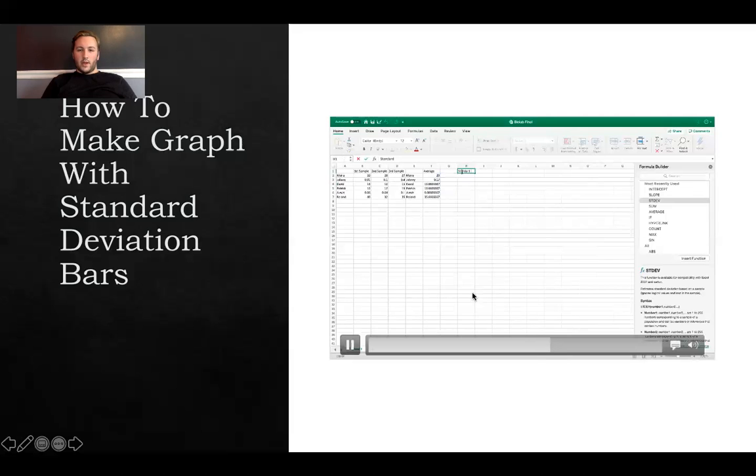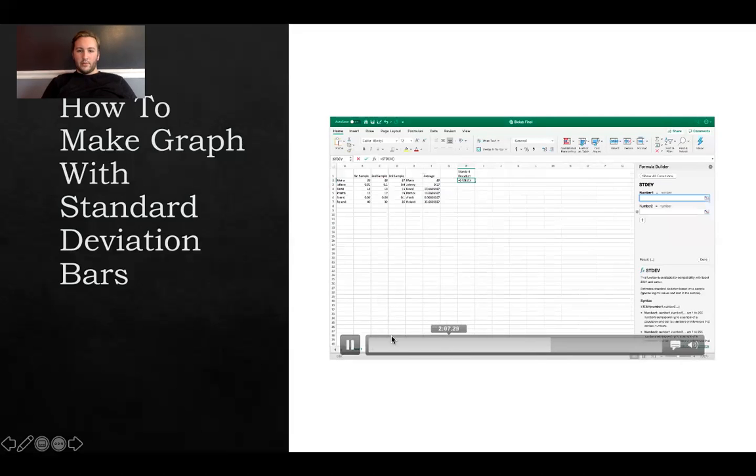And now we're finding the standard deviation of the 3 samples.